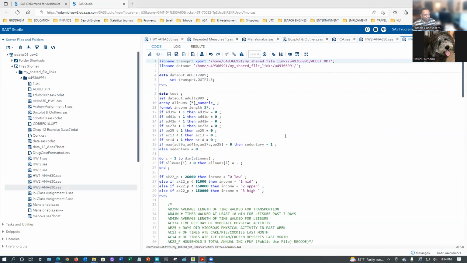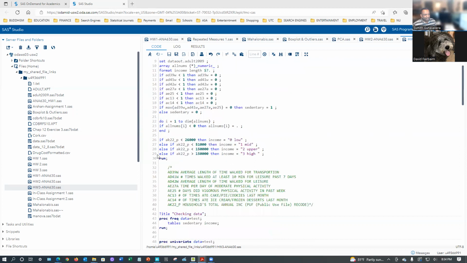Then, as usual, I got my data, and in some places where negative values were replaced by a dot, I did the same thing. Then I categorized the income. I got another categorical variable because I need some groups.